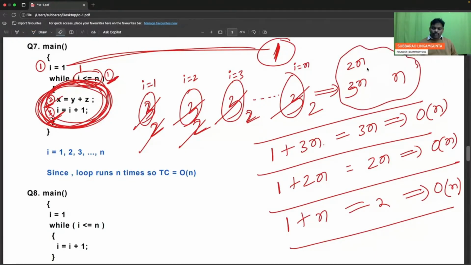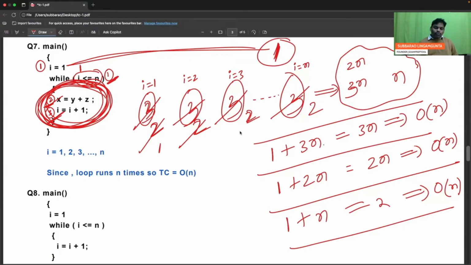So in this program, the first statement's order of magnitude is 1. Second statement, what is the answer? Every time is 1, 1, 1, 1, like that n times. That is also correct.